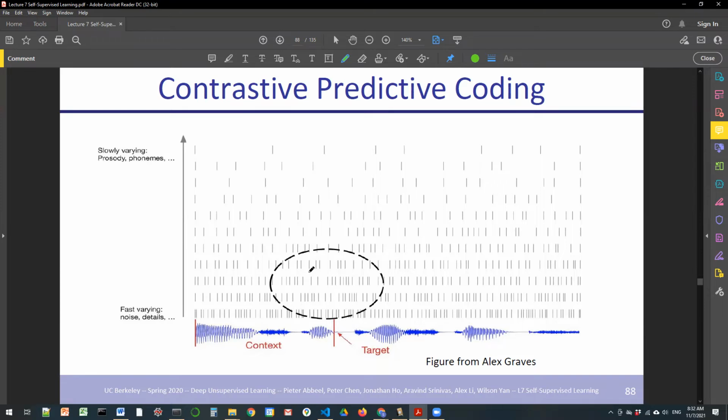Instead of making predictions in this high frequency space, it learns the encodings in order to be able to make the prediction in the latent space using semantic information. So as we keep processing this audio signal, the information becomes more and more semantic, which means it tries to extract the underlying meaning. In an image, it would be things like a dog, a cat, a car, and things of this nature. In an audio waveform, it could be things like the accent of a speaker, the identity of a speaker, and so on and so forth.